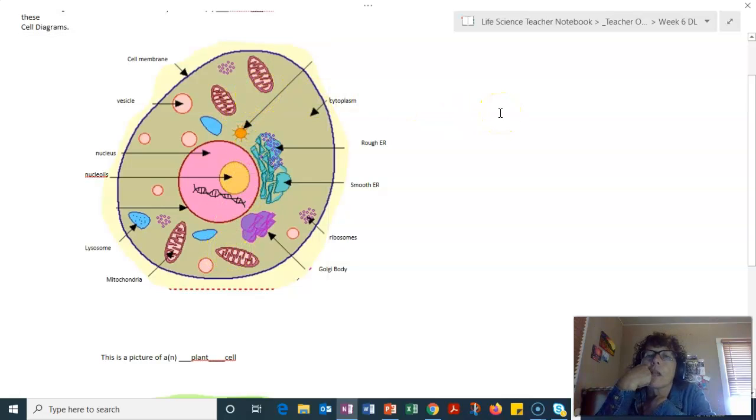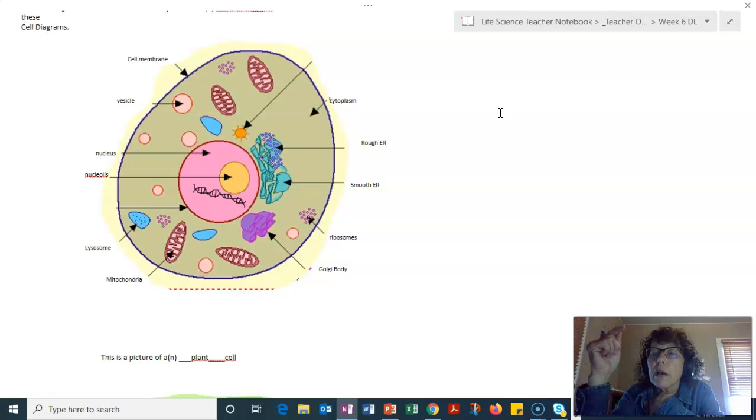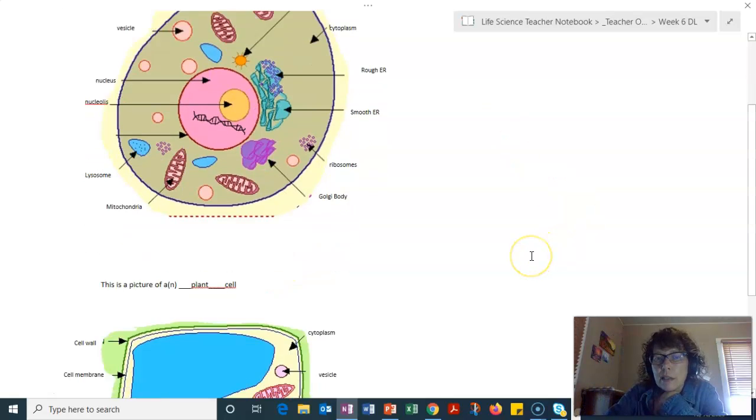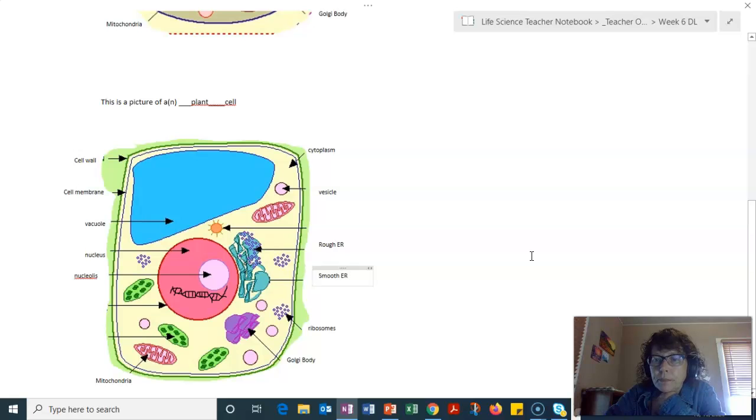You should think about that. Does it make sense that the organelle that makes energy, there's more of them in an animal cell than there is in a plant cell? If you think about it, that should make some sense, because does a plant need a whole lot of energy?